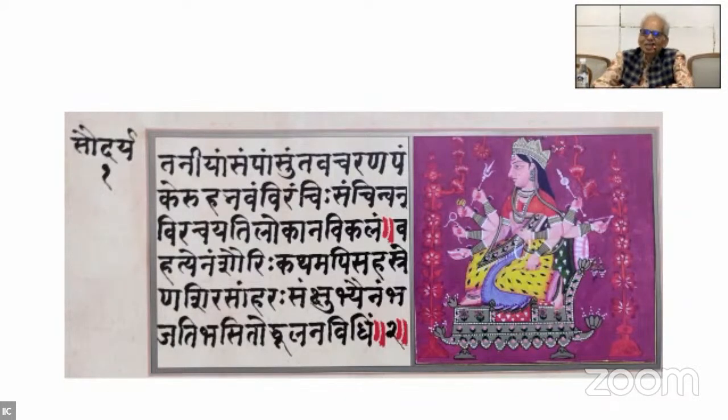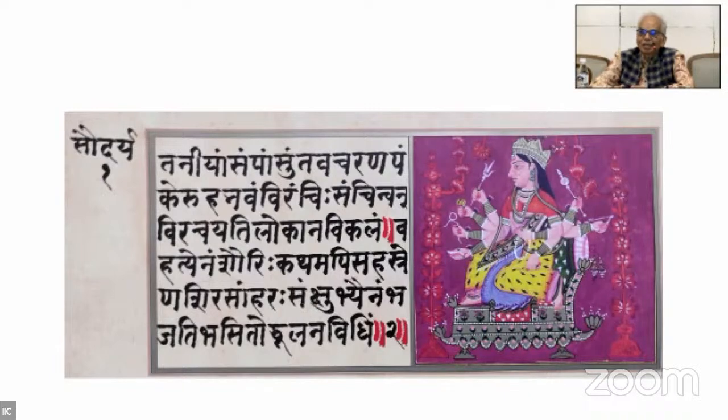But the stanza says, Taniyamsam pamsum tava charana pankeruha bhavam. The small particle of the dust fallen from your feet is picked up by Brahma, and Brahma is able to create all the worlds through that. Virinchi sanchinvan viracayati lokan avikalam. Vahatyenam shauri katamapi sahasrena shirasam.